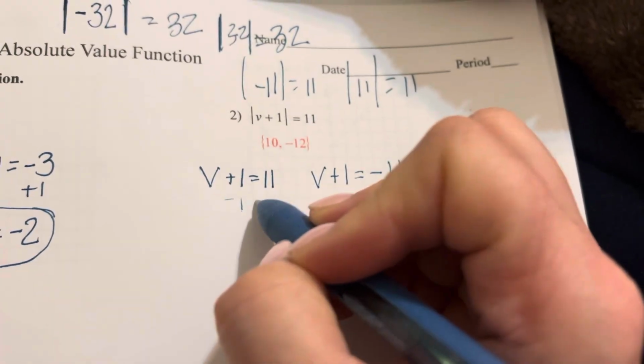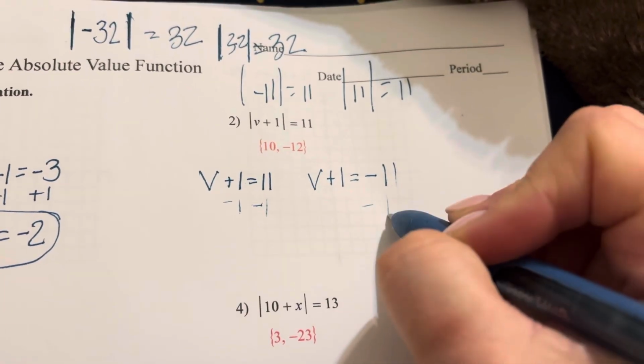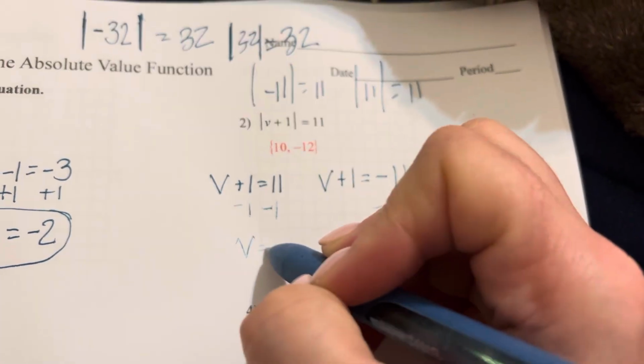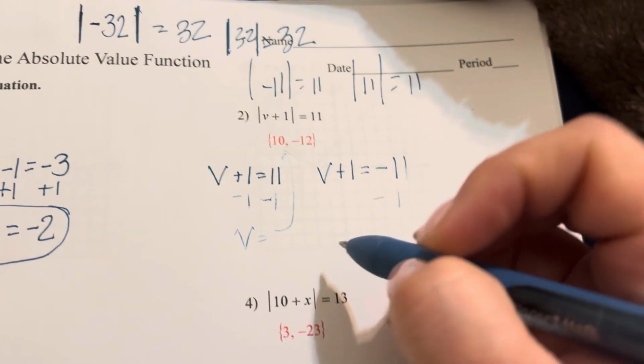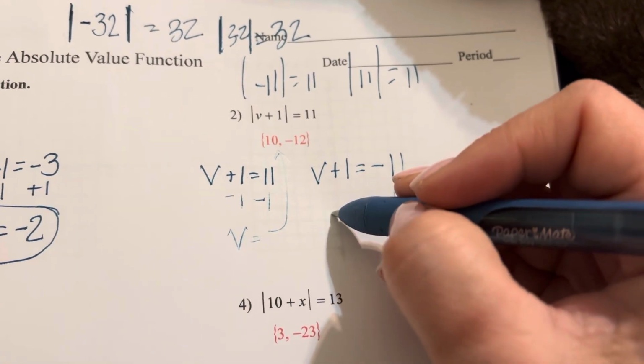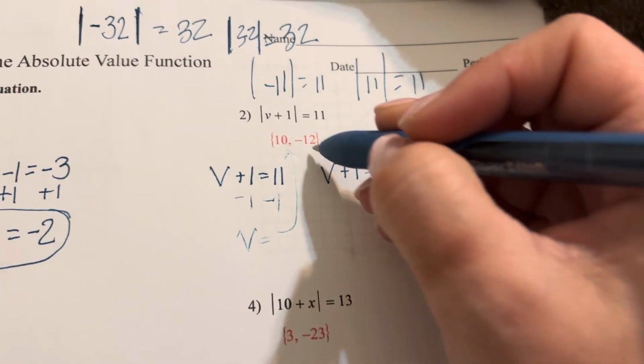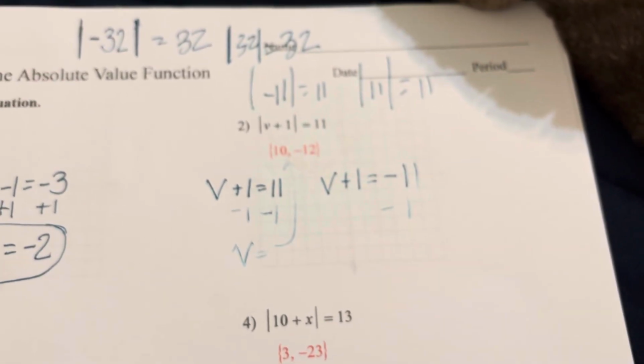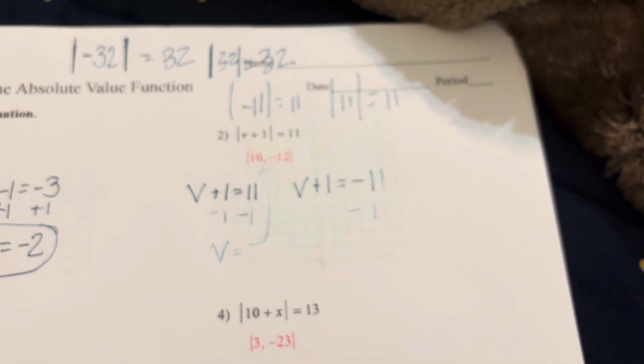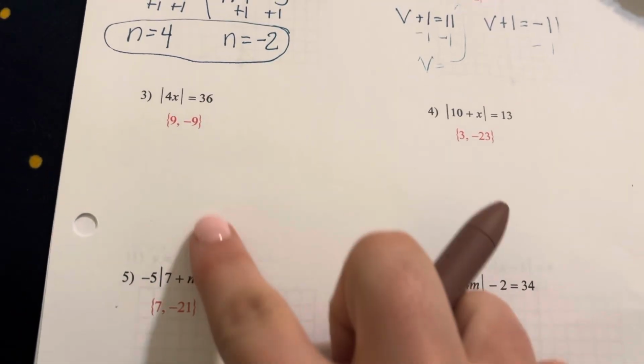I subtract 1 from both sides. V equals 10, and v equals negative 12. All right, let me switch to a different pen that works, but let's also look at some different ones.